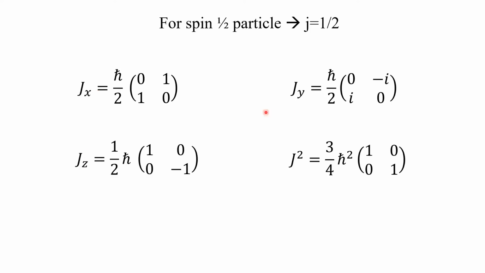The same matrices I have given here, because the properties are the same for the Lie group. The only thing is I have changed the symbol S to J. That's all. You can refer to my earlier lecture.